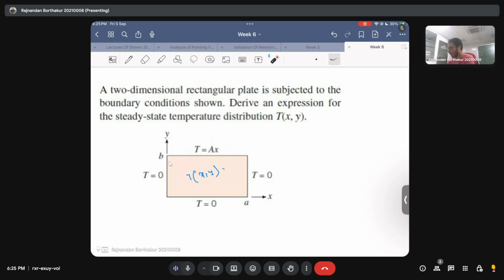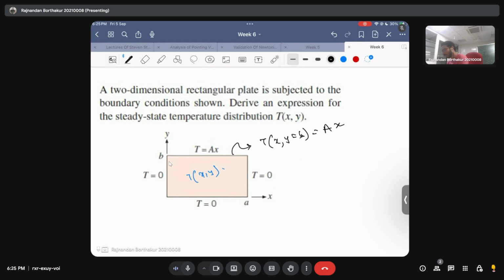Okay, so let's start. But I would also like to highlight one important fact here: for the boundary condition on the top face, we are saying that the temperature for all x at y equal to b is some A times x. So what we are essentially doing is prescribing the temperature on one of the faces.